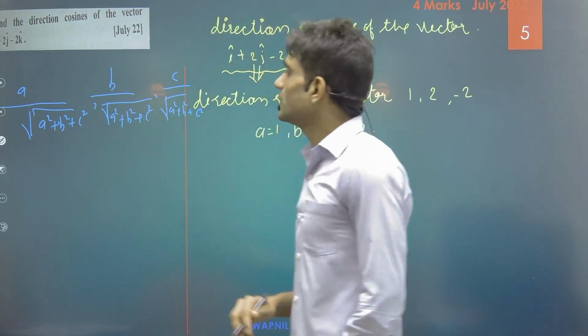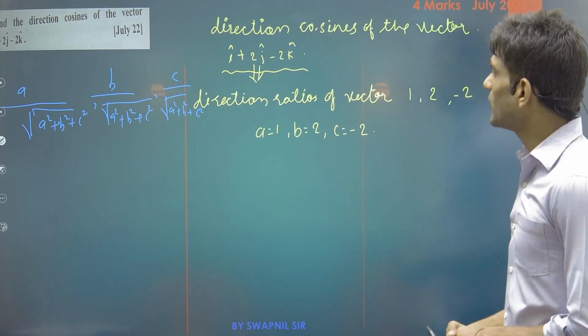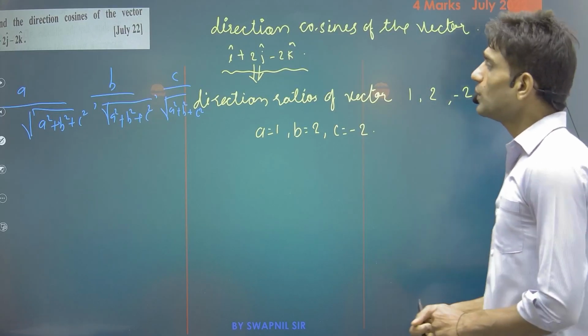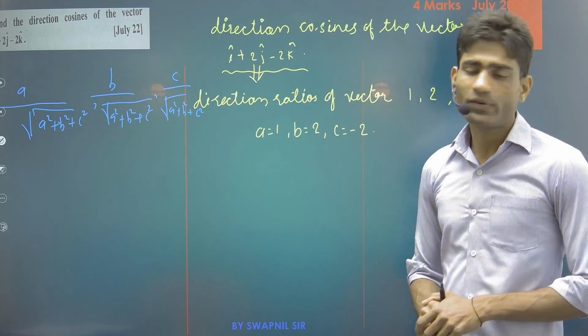These three are the direction cosines for our given vector. Now put the values of a, b, c in this result and you will get the three direction cosines.